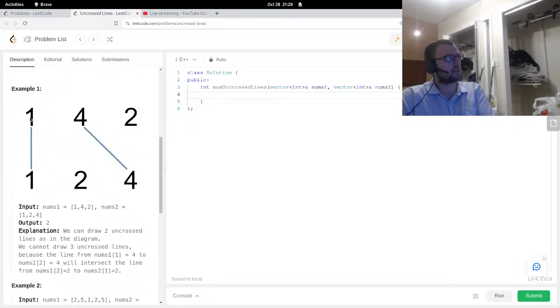I think for each index, each integer, I can put the next index in a stack as well. Can I do it that way? Where the next element is. Trying to think if that matters or not.